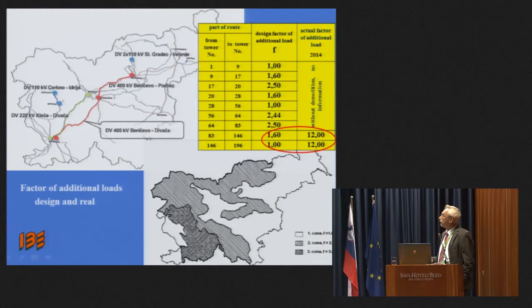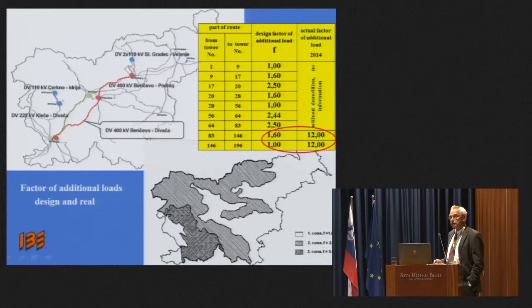And here, if I illustrate this on this line, I told you about Beričevo Divača. The design factor that was used in the middle of the 70s was taken in different line sections, depending on locations, in this range.